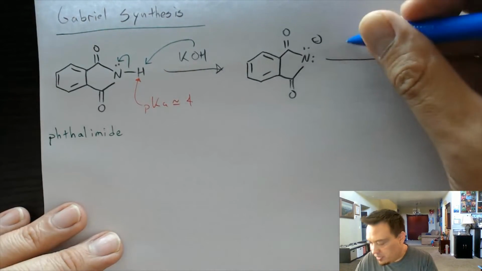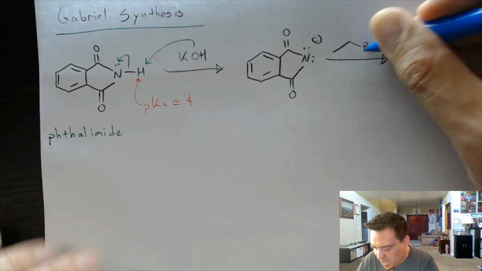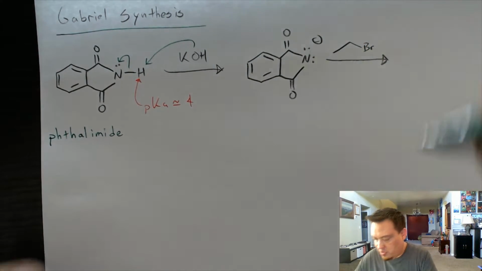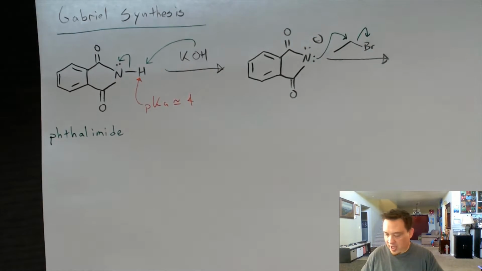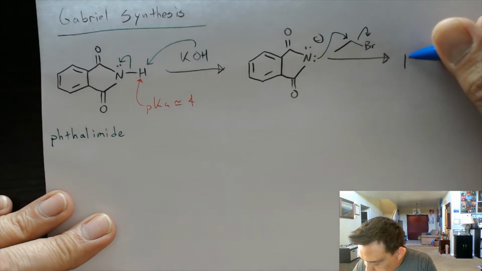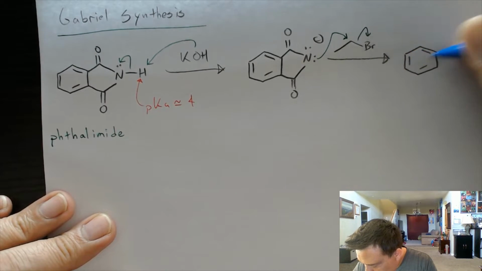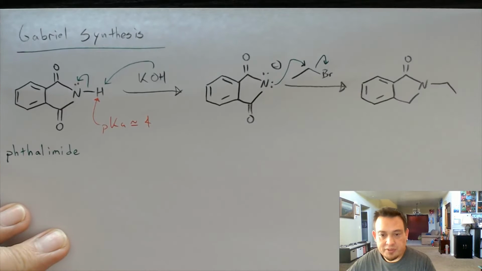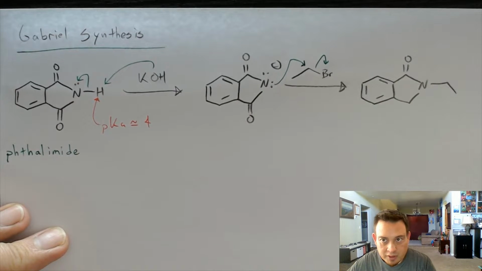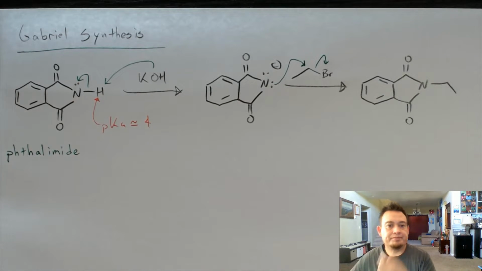This compound is going to make a version that will not keep reacting. So this will do your backside attack like that to your primary halide. We now have that. I think I'm off screen. Let me double check. There we go. Like so.